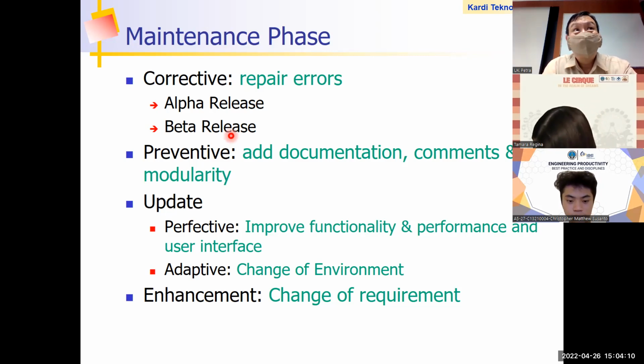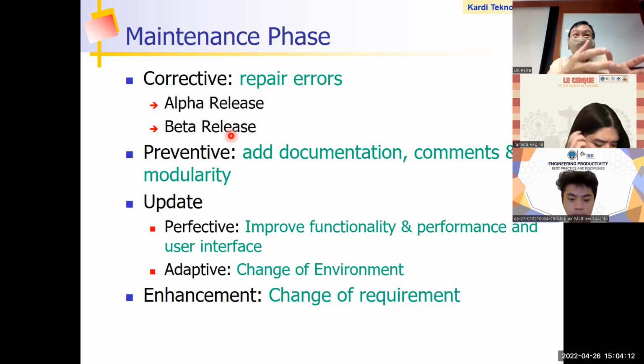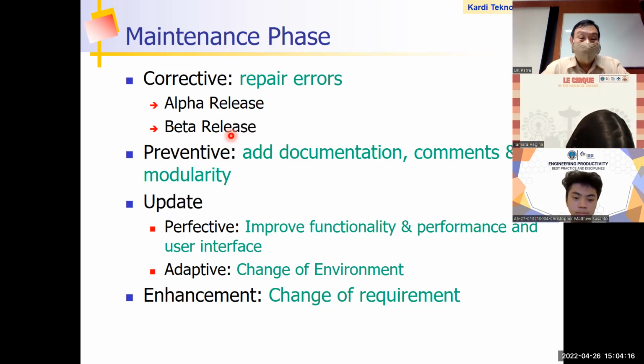Then you get the actual software from Microsoft for free because you are the one who tests. So this is basically testing by the customer. The alpha is testing by their own developer team. But if this is open source, totally different. Even alpha release is already going to the customer.